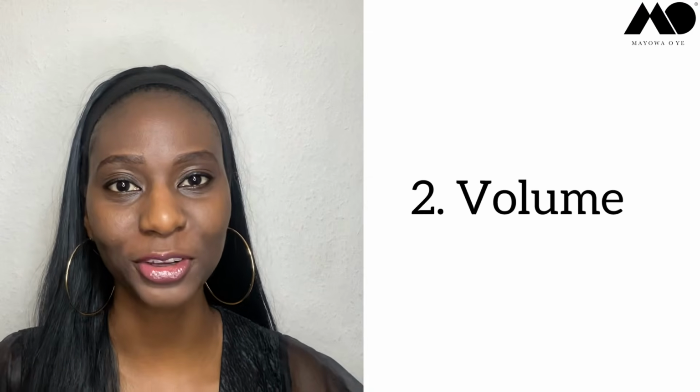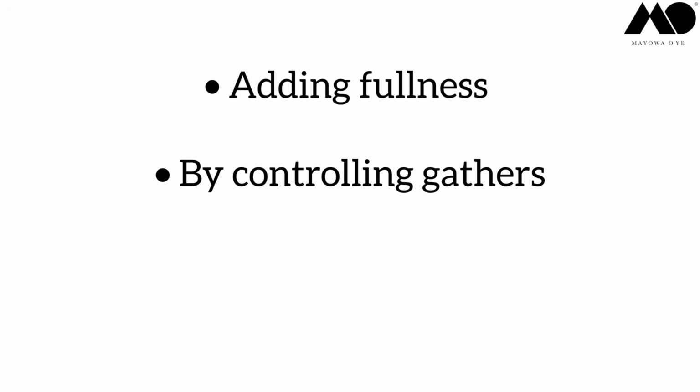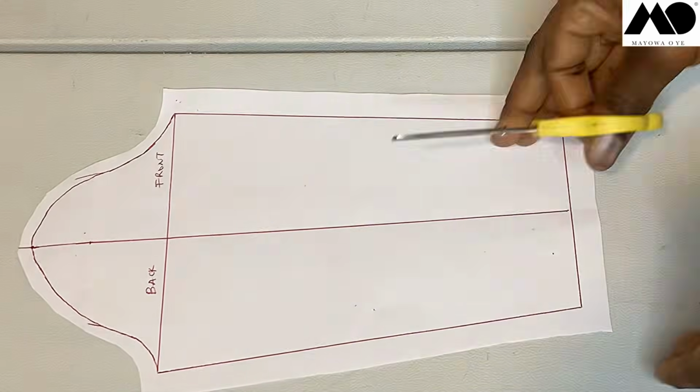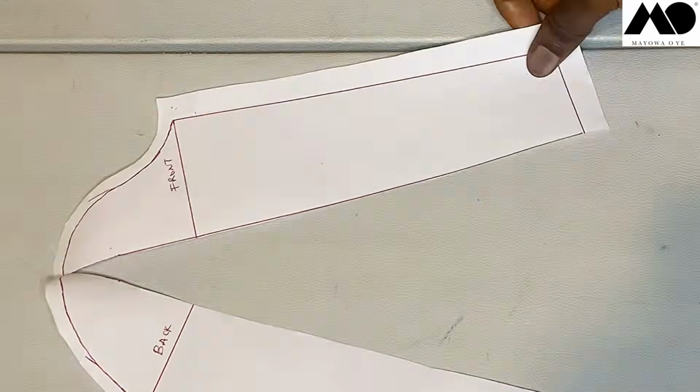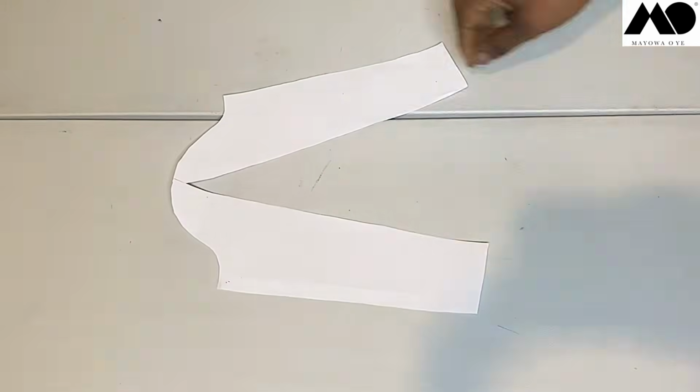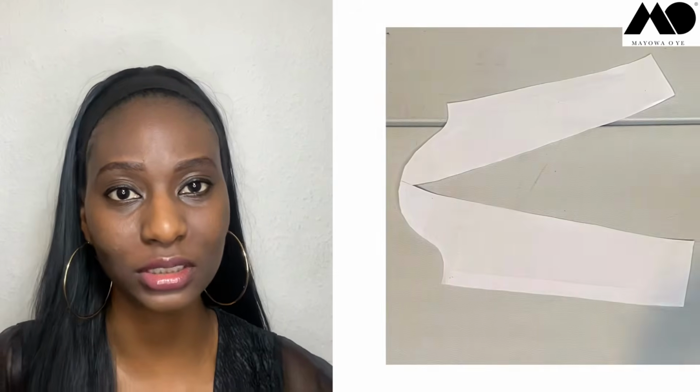Now let's talk about volume, which is the most expressive part of sleeve design. Volume is created in three ways: one, by adding fullness; two, by controlling gathers; or three, by reshaping the pattern itself. And one of the simplest and most powerful methods of adding volume is through the slash and spread technique. And we discussed that extensively in one of our previous videos. So if you cut along your guidelines, like on your sleeve, and spread them apart, suddenly you've introduced controlled fullness exactly where you want.